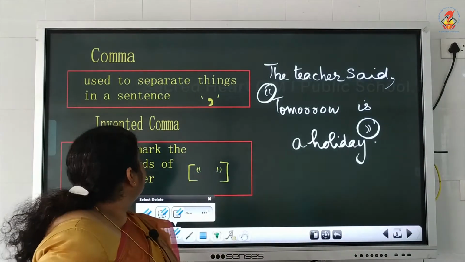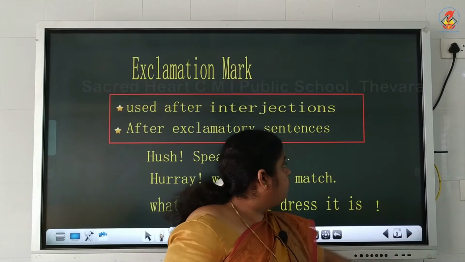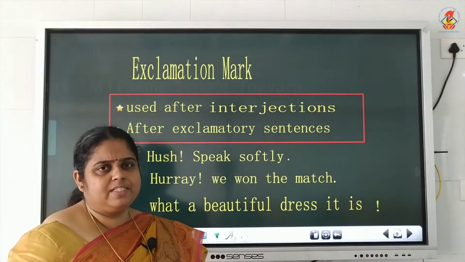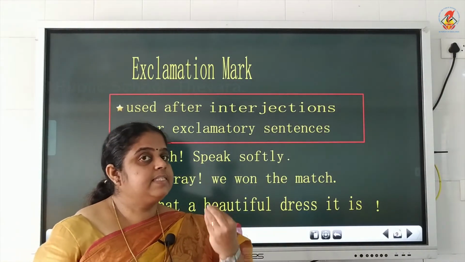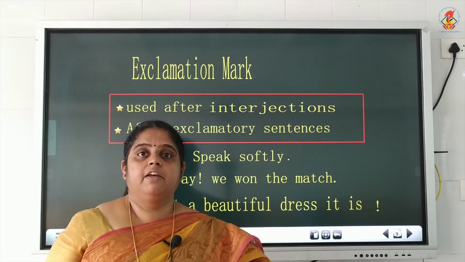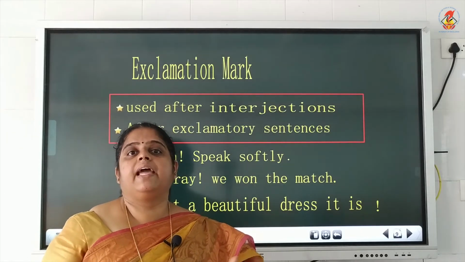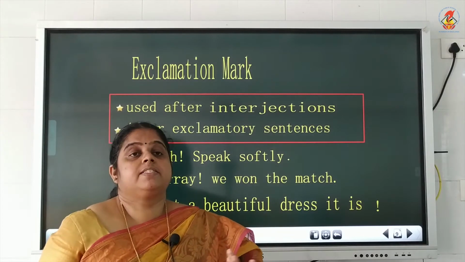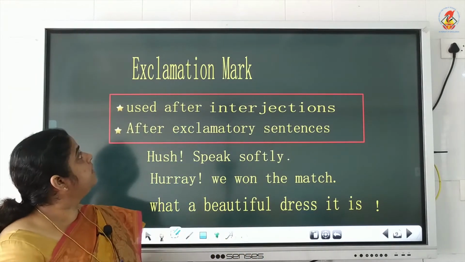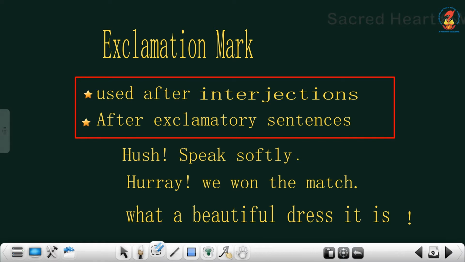Okay, and after the inverted comma, we have one more thing, that is exclamation mark. So I told you already what is an exclamatory sentence. A sentence which has a feeling in it. When we say something with a sudden feeling that we are having, that is called an exclamatory sentence, which may have a surprise for you, which can have an emotion. For example, it's used after interjections. What are interjections? Short words like hush, hooray, alas.